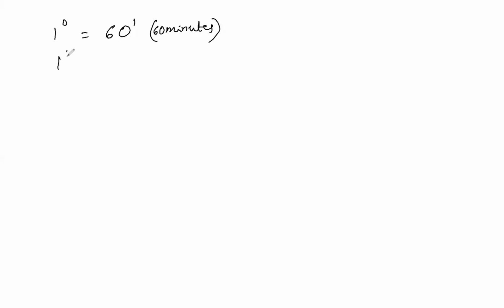And 1 minute is 60 seconds, with this double dash. So 1 degree is 60 minutes and 1 minute is equal to 60 seconds.